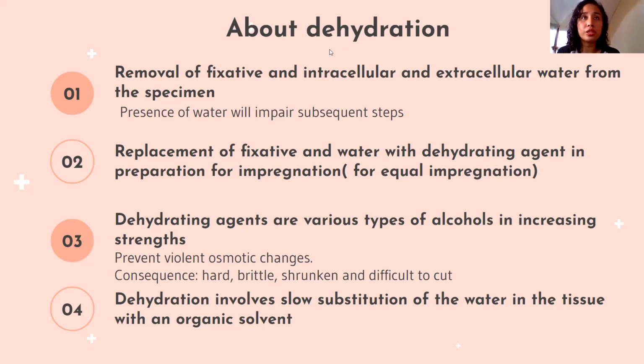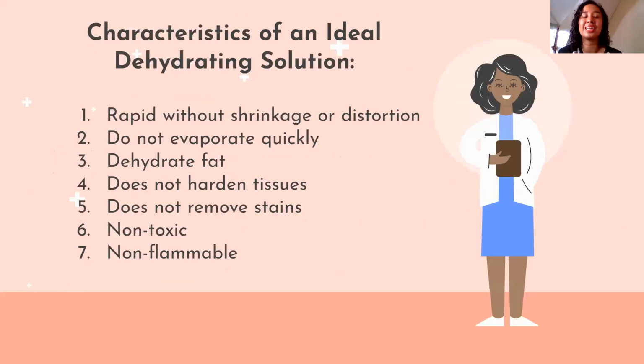Yan, yung mga consequence, if you shocked the tissue, yeah. So it involves slow substitution of water with an organic solvent, which are usually your alcohol. Yeah. So characteristics of an ideal dehydrating solution. So it should not cause shrinkage or distortion.